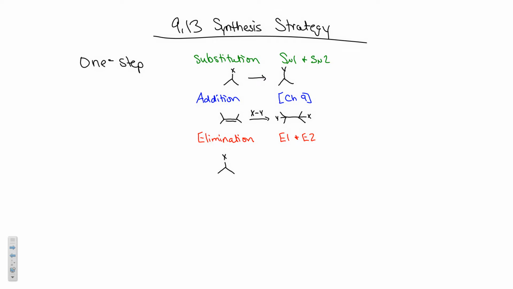And for elimination, we're removing something to create an alkene. So I'm going to write some problems on the board, and you're going to tell me the reagents necessary to accomplish that one-step reaction.